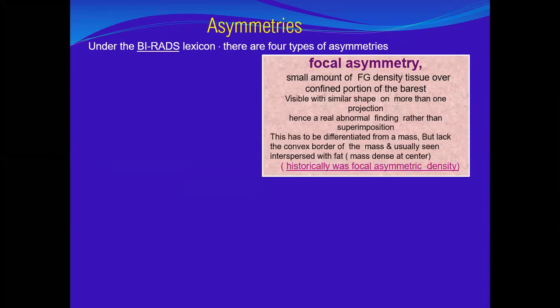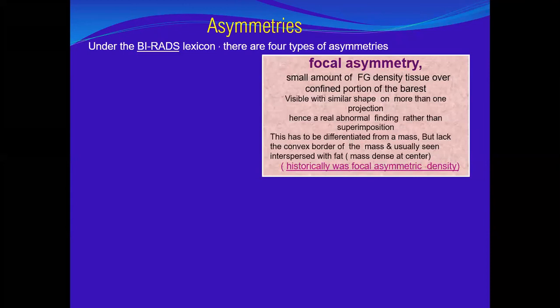This has to be differentiated from a mass. It simulates a mass, but it lacks the convex border of the mass and is usually interspersed with fat. Not always, usually. You might find it without typical interspersed fat.